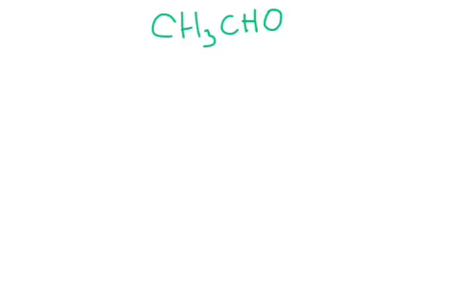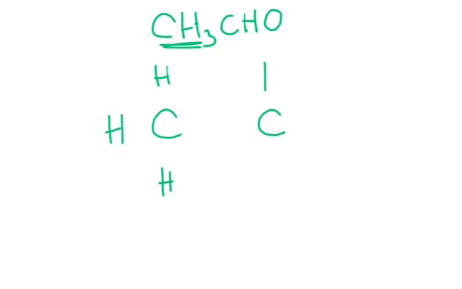I'm going to follow my same pattern where I first write out 2 carbons. This first carbon has 3 H's surrounding it, and the second one has an H and an oxygen, and that's it. Next I want to draw in those valence electrons. Each hydrogen has 1 valence electron.